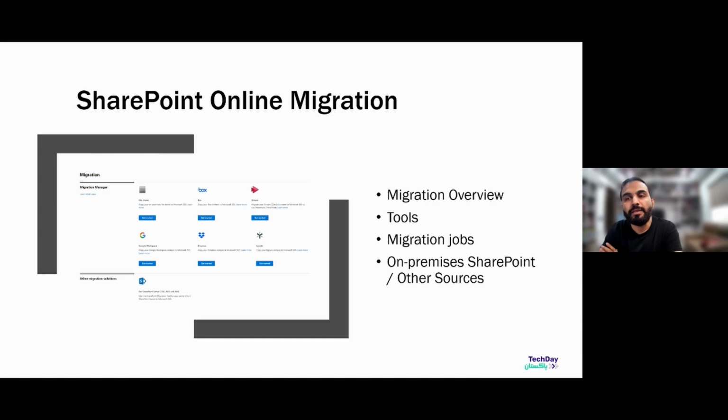You can access the migration settings from the migration option in the left navigation, and here you can select the source of migration and create migration jobs to move content from your on-prem environment or your third-party cloud location sources. And you can also monitor the migration jobs from here.